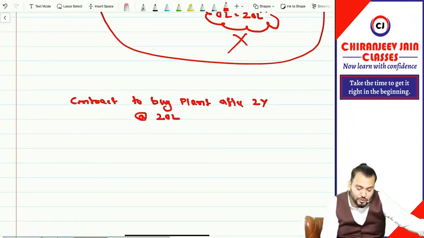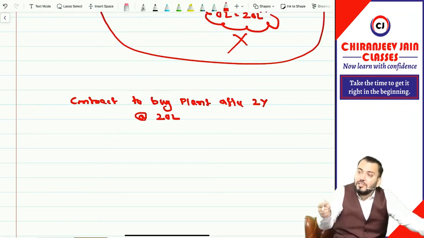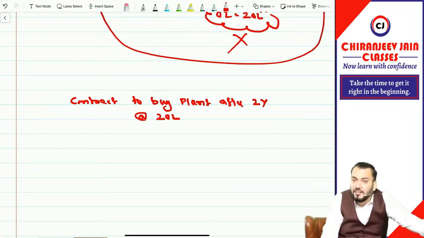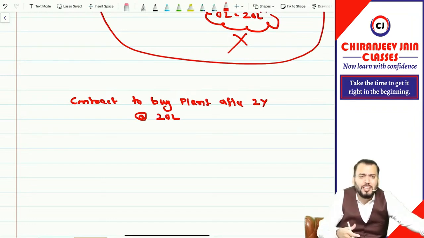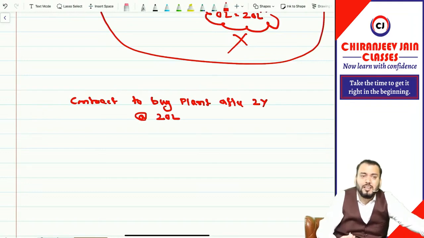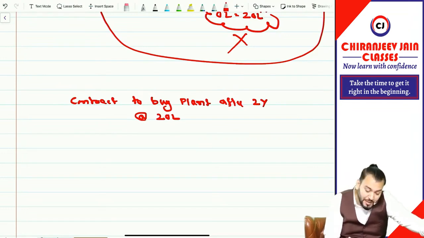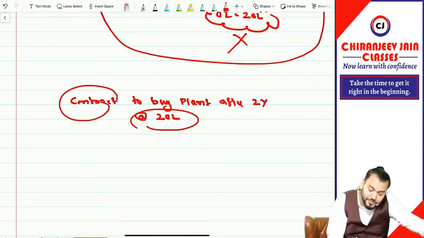Correct? My question to you: executory contract or not an executory contract? You have done a contract right now that you will buy a machinery after 2 years at rupees 20 lakh. So can I say both parties have not performed their part of the obligation? One party has not paid the amount, the other party has not delivered the machinery. So it becomes an executory contract or not? Yes.